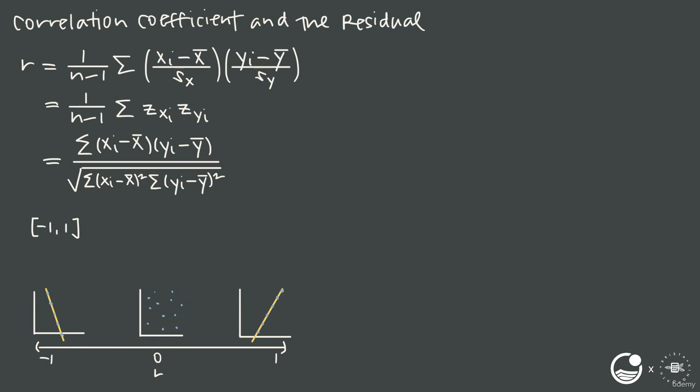And if we lie somewhere in between, so if r is between 0 and -1, that means that our regression line has a negative slope, so it might look something like this, but that it doesn't perfectly describe the data. So we might have some points along the line, but we'll also have some points away from the line like this, but we see this general negative trend.